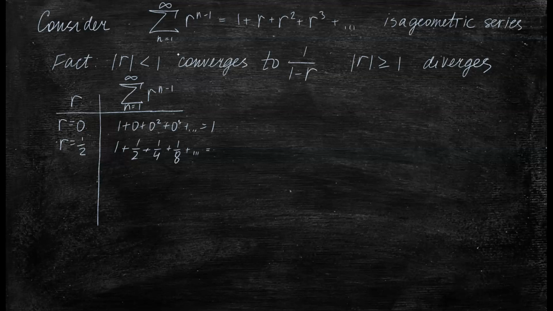So when r is equal to 1/2, this series will converge to 1 over 1 minus 1/2, which is 2. Very similarly, we can find what the series converges to when r is equal to 3/4. That will be 4. We can try some negative numbers as well.